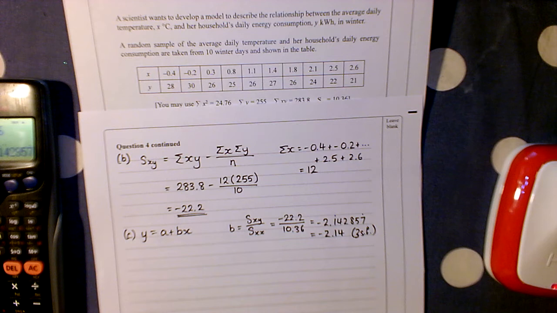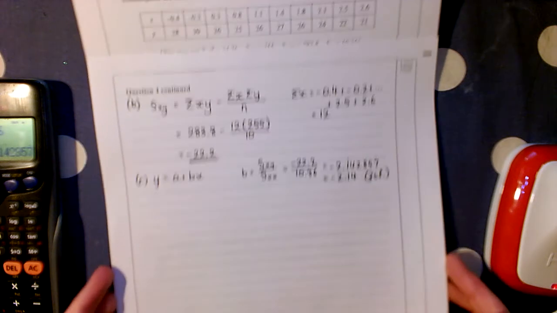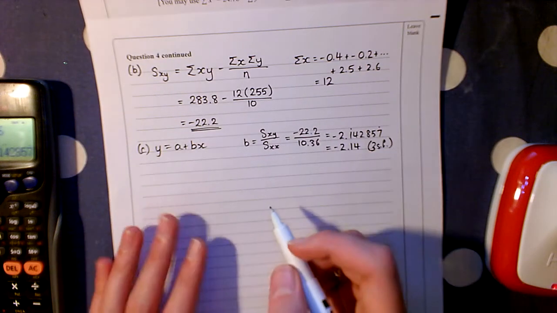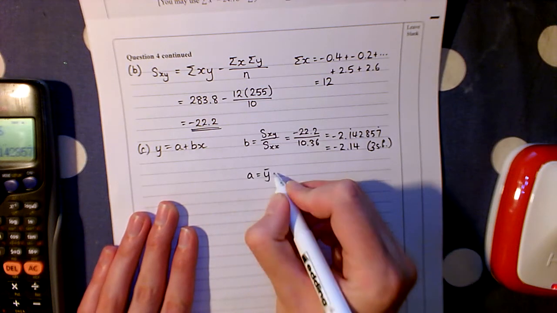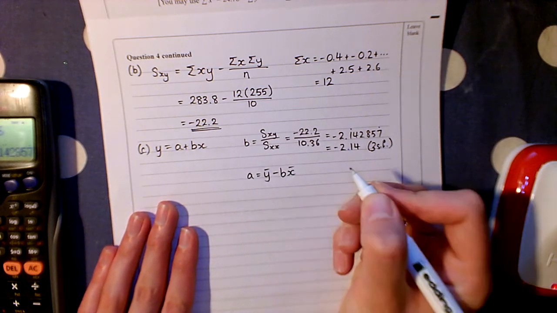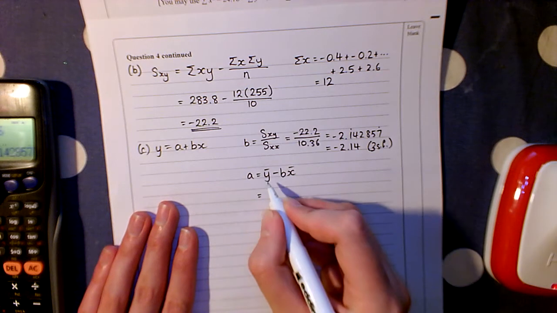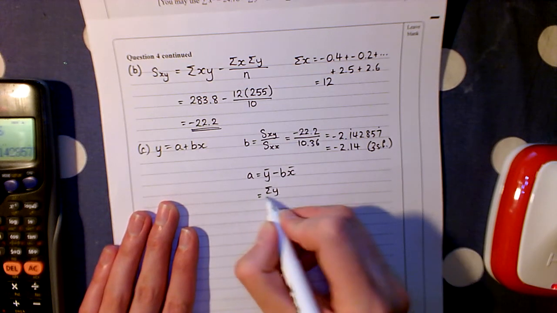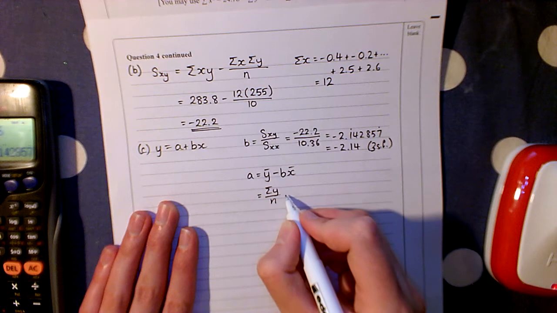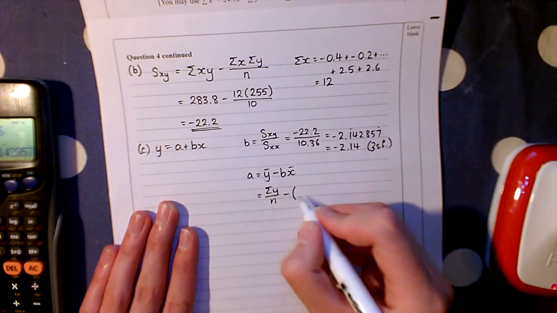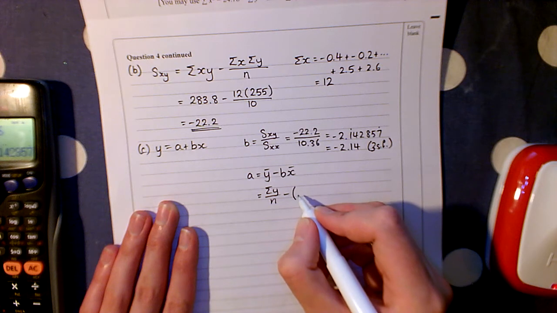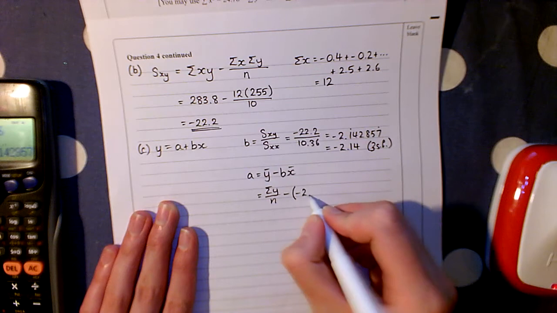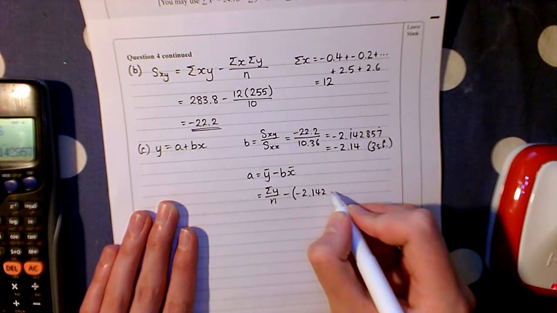And now that we found b, we need to go on to find a, and it tells you again in the formula book that a is given by y bar minus b x bar. So y bar is the average value of y, which will be the sum of y's divided by how many there were, minus b, where we're going to use minus 2.142, blah, blah, blah.